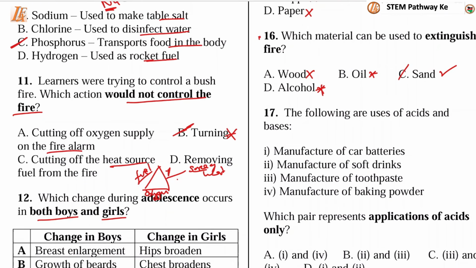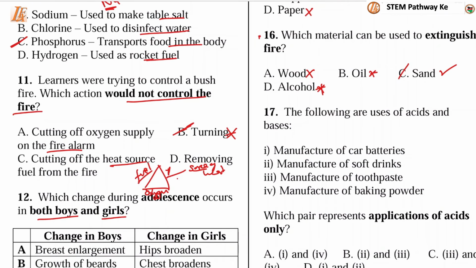Then question 17, the following are uses of acids and bases. The first one is manufacture of car batteries. The second one is manufacture of soft drinks. The third one is manufacture of toothpaste. Then the fourth one is manufacture of baking powder.